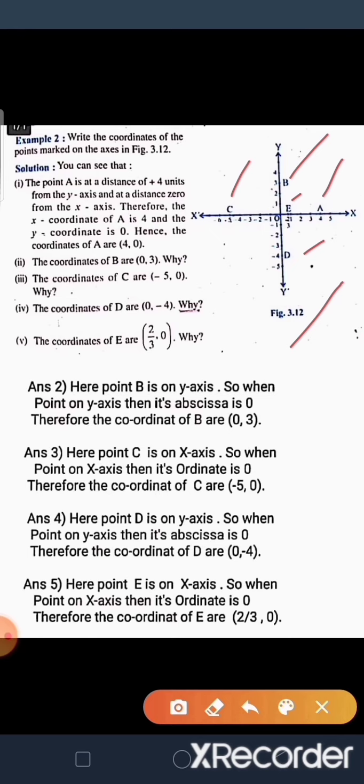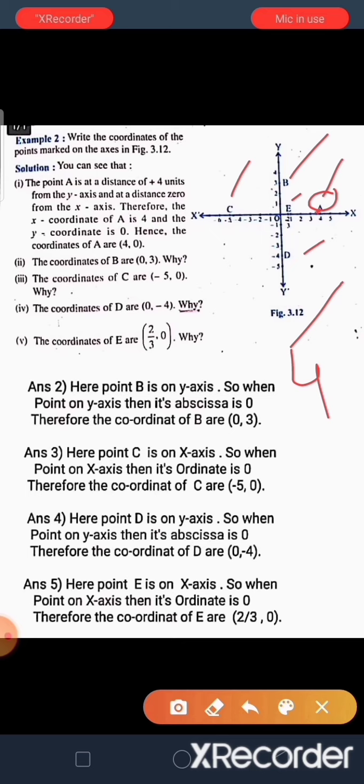So in the solution we start. You can see the first question: the point A is at a distance of 4 units from the y-axis. From the y-axis we get the distance on the x-axis as 4 units.